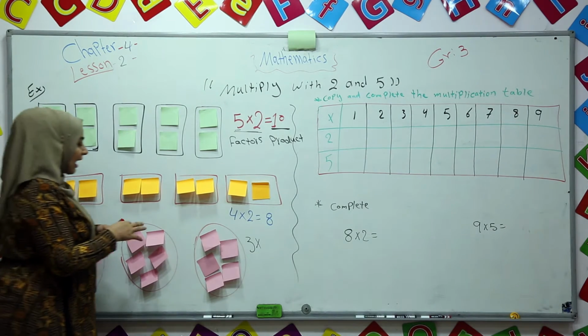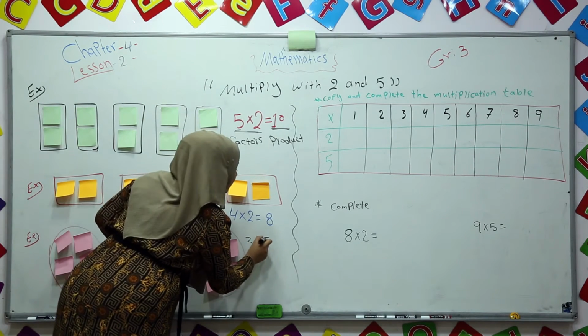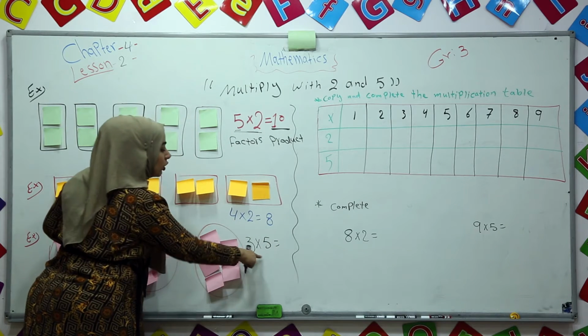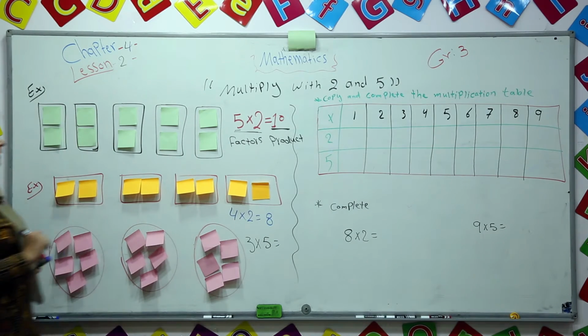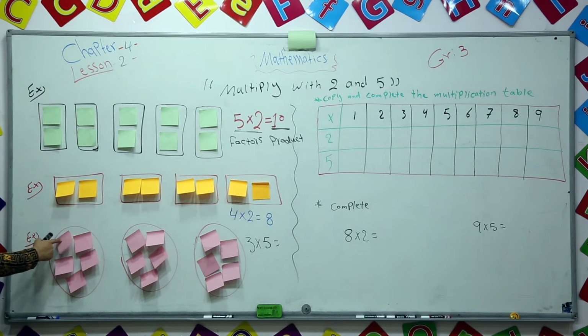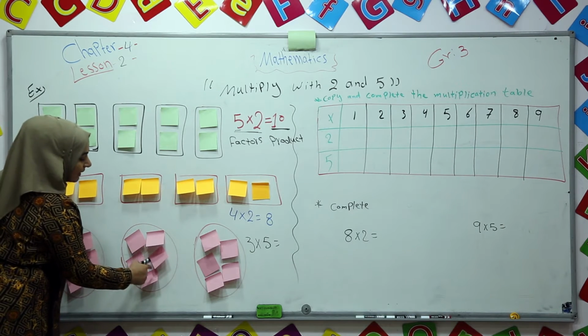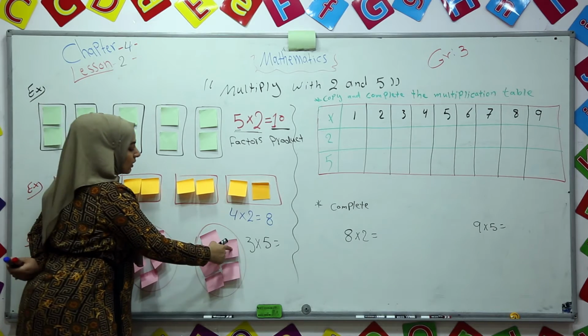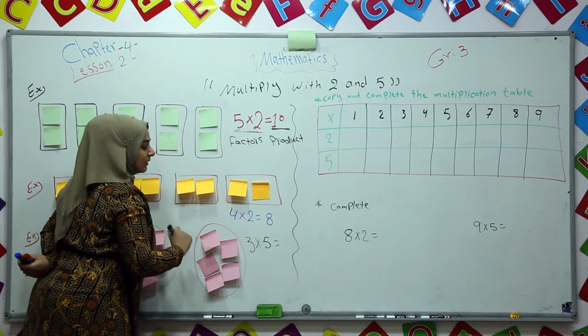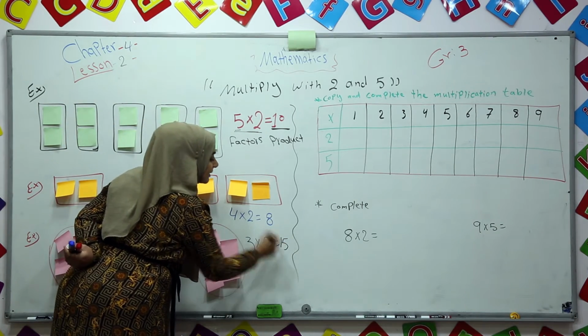So I have 3 groups of 5 objects. What is the answer? 1, 2, 3, 4, 5, 6, 7, 8, 9, 10, 11, 12, 13, 14, 15. So the answer is 15.